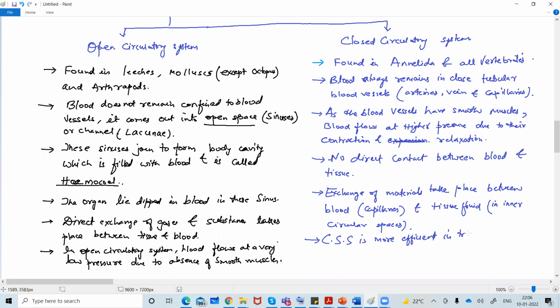Efficient in transporting material. They are more efficient as well as faster, because the circuit is closed, and second thing is they have smooth walls, so they are easily moving without any problem.